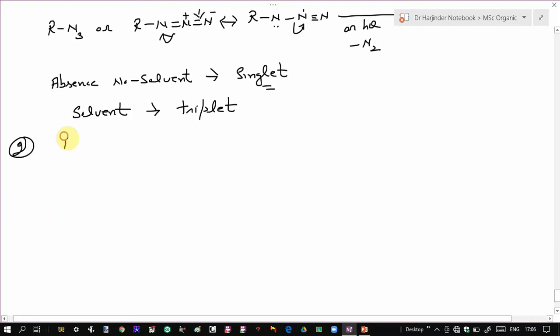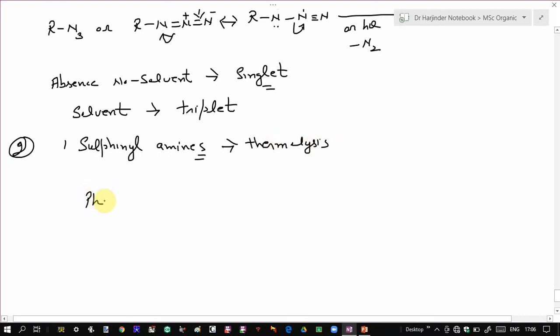We can also prepare them from phenyl sulfinyl amines, again by their thermolysis. Now thermolysis means breaking bonds by heating.